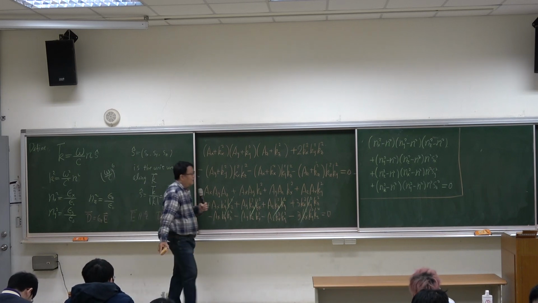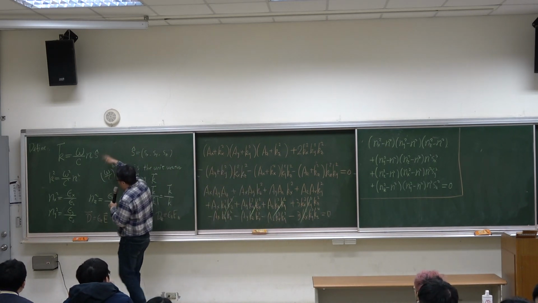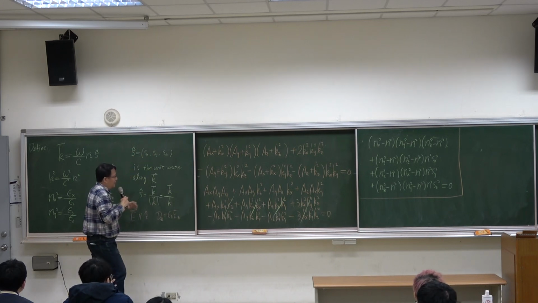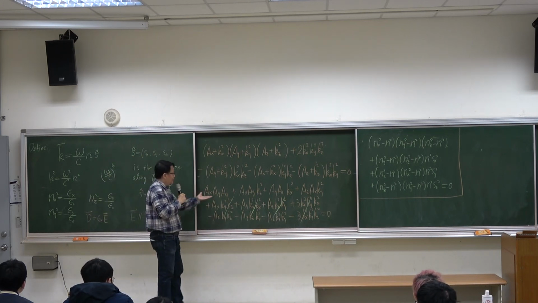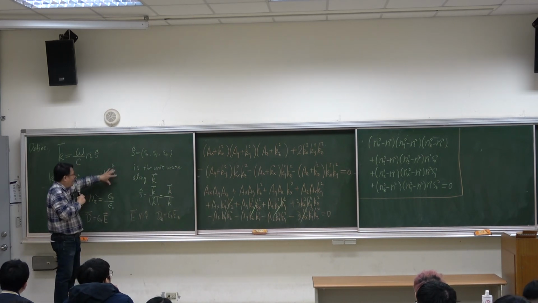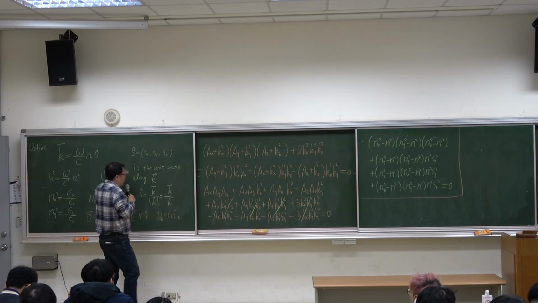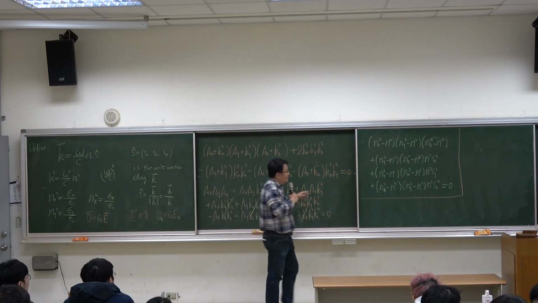So use these notations and substitute them into this equation, factor out omega over c to the 6th power and ignore this omega over c.